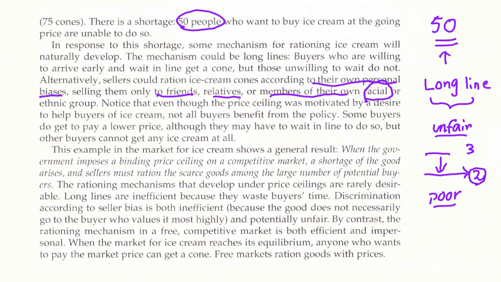And the worst effect is that, according to the seller's bias, even friends, relatives, the ethnic group, the racial group, ice cream is distributed to this kind of people unfairly.